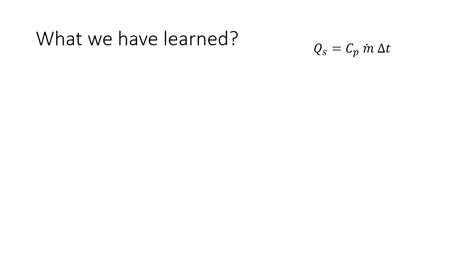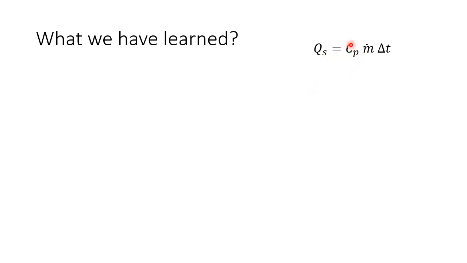So we have QS, let me write this: QS equals the specific heat of the material multiplied by the mass flow rate and multiplied by the temperature change. So this now is not energy but heat power. So no longer kilojoule but kilowatt, and here it is no longer kilogram but kilogram per second. Okay, so that's sensible heat.